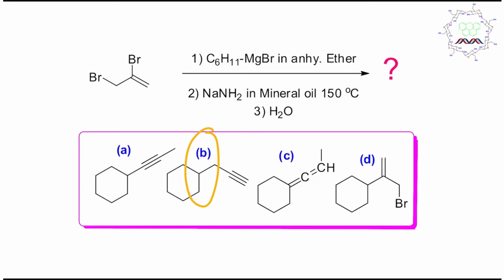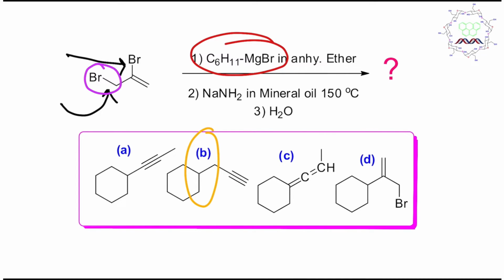Okay, so for that purpose you need to understand that this is vinyl bromide, where the sp2 carbon-bromine bond is relatively stronger, and this is allyl bromide, which is very activated for nucleophilic attack. And in this case what is given? Methyl magnesium bromide. Okay, so an acid-base reaction is not possible because there is no acidic proton of that kind, but nucleophilic attack is possible, and here one allyl bromide is given, which is activated for SN2 type reaction.